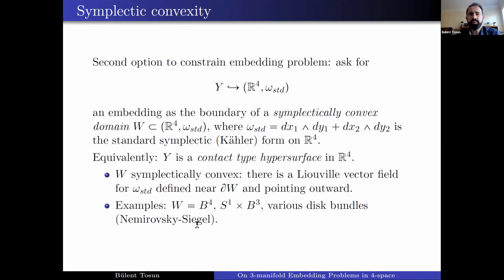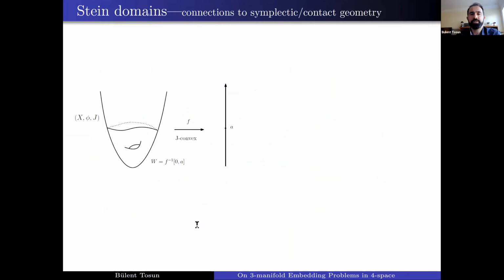So now I just want to say a few things about how symplectic convexity and holomorphic convexity relate. Here is how I think about holomorphic convexity or Stein domains inside a larger Stein manifold. For example, X could be C^2, and for φ you could take the square of the modulus of z, and for J just take the usual complex multiplication by i. So here W will be a holomorphically convex domain in this (X, J).